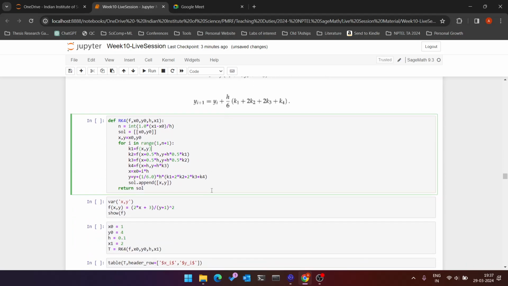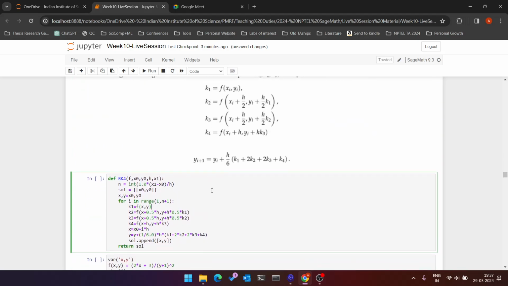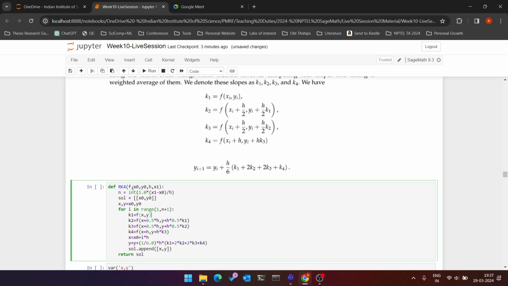So I will first be defining the fourth order Runge-Kutta method as so. It takes f, x0, y0, h, x1 next, and the number of steps. Sol is my solution array, and as we specified at the beginning, what it looks like.